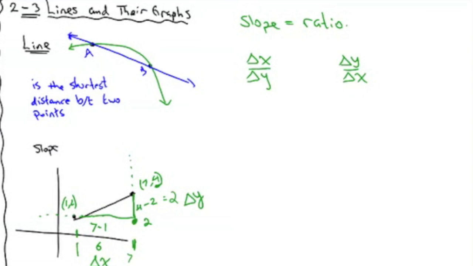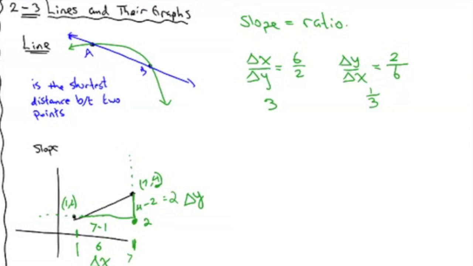But only one of them is the slope that we need to think about. So if we do change in x over change in y, what's the change in x in our picture here? Change in x, 6. It's over here. Over 2, better known as, well, 3, right? Over here, change in y would have been 2, and change in x would have been 6, so this would be 1/3.